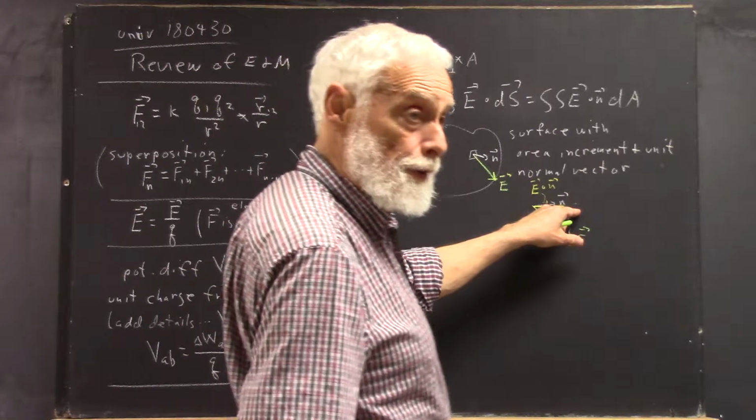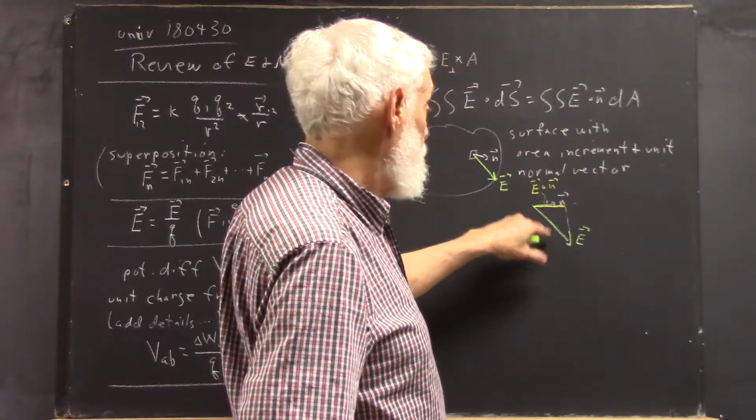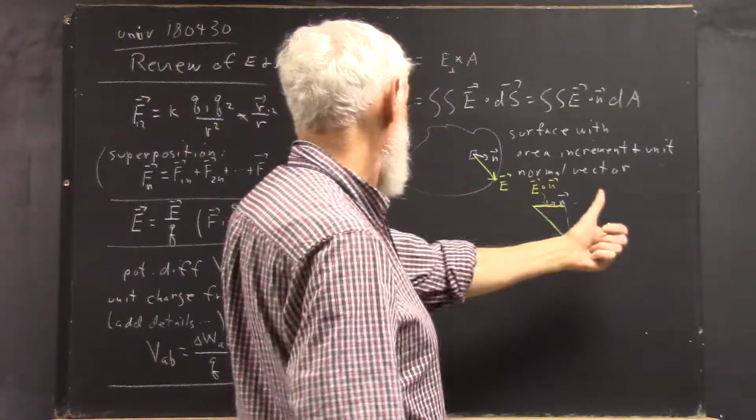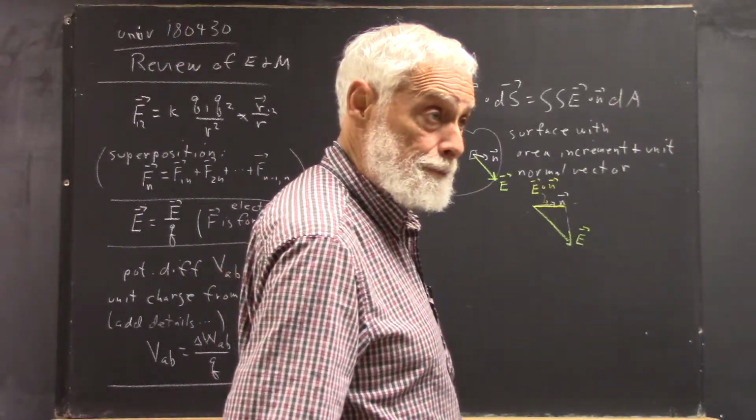E dot n is just this side of the triangle, although you have to be careful because it could be negative. You could get an inward flux or an outward flux.